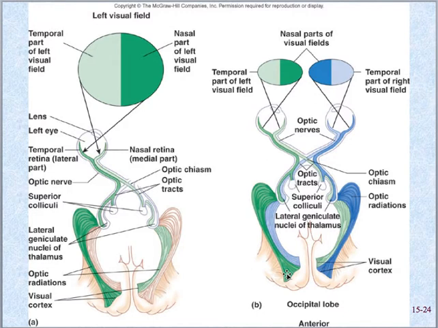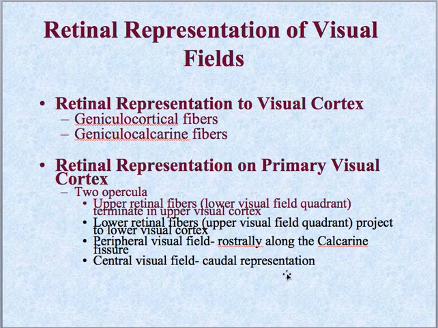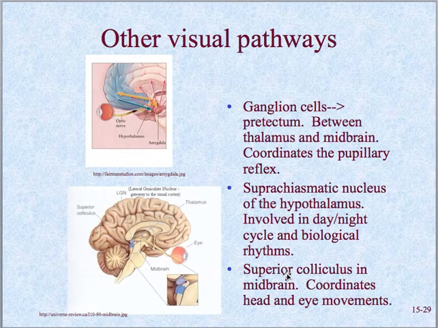Okay, next, let's turn to slide number 29. Okay, and so here are other visual pathways I want you to be familiar with. So the ganglia cells, this is ganglia cells coming from the retina. They're giving rise to the optic nerve.